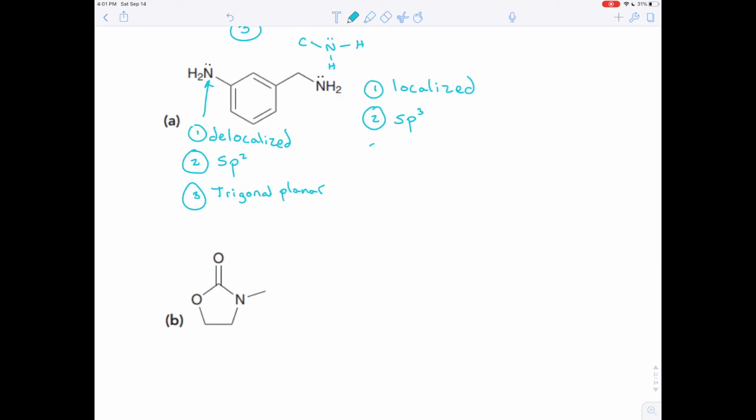In other words, it has three bonds and one lone pair, so it's trigonal pyramidal. So on any atom that has a localized lone pair, you find the shape in the exact way that we did for chapter 1, using a combination of bonds and lone pairs.